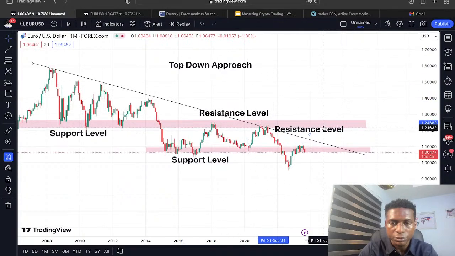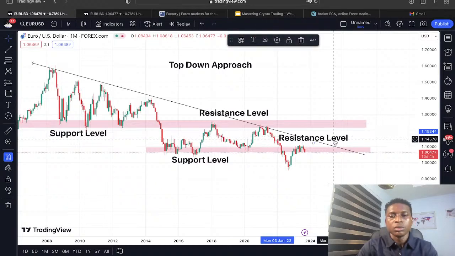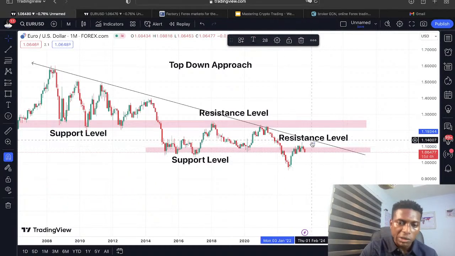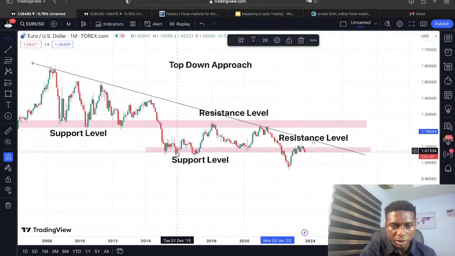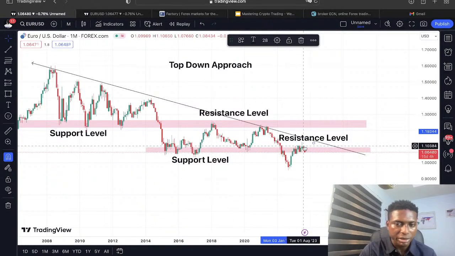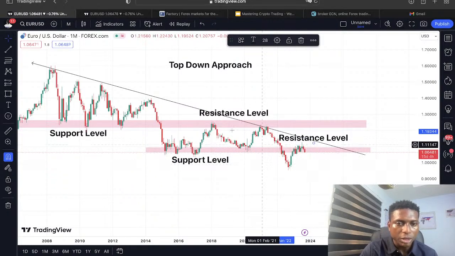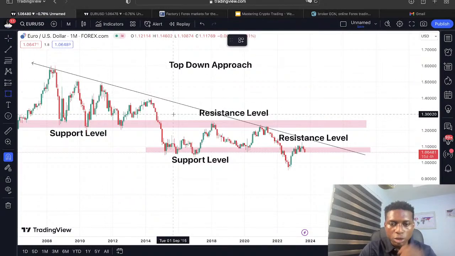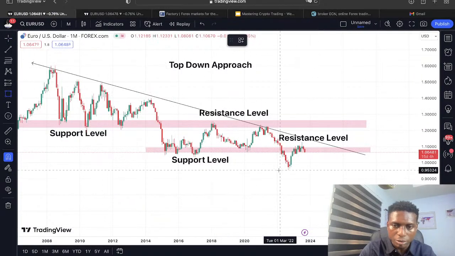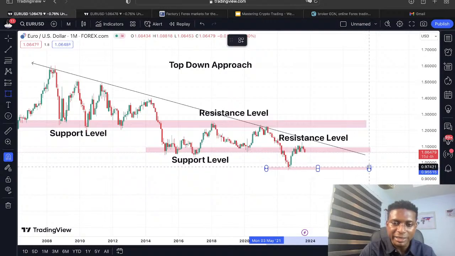So this became another resistance zone, since this place is now a support. So here is now a resistance zone for price. If price is going to come back now, this level would be our target area on the monthly time frame.